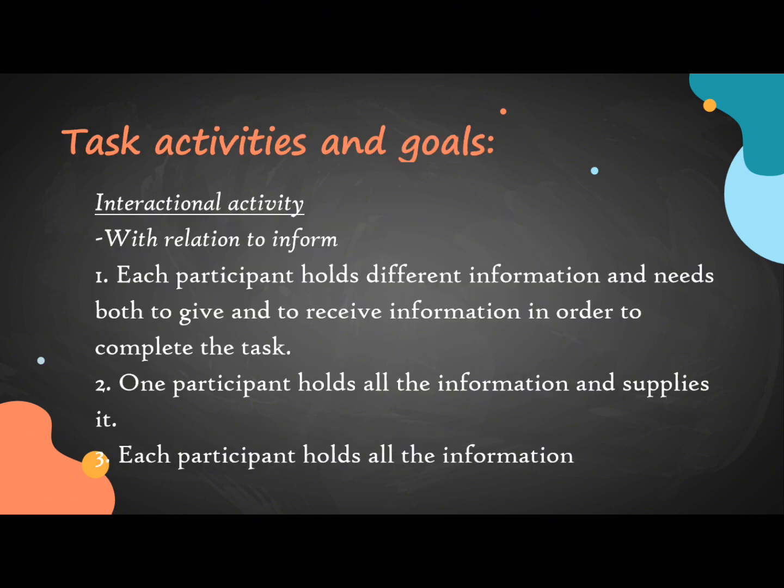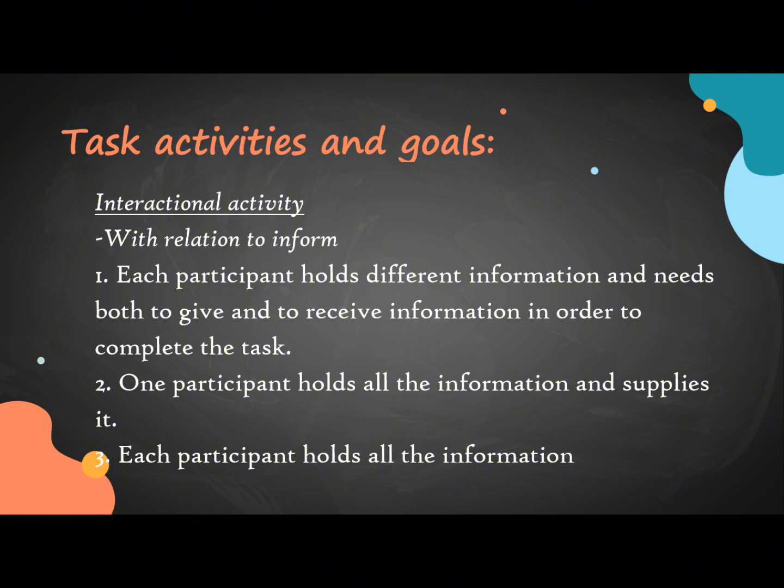So we have the task activities and goals. First we have the interactional activity with relation to inform. So the purpose of this is to inform. Number one is each participant holds different information and needs both to give and to receive information in order to complete the task.